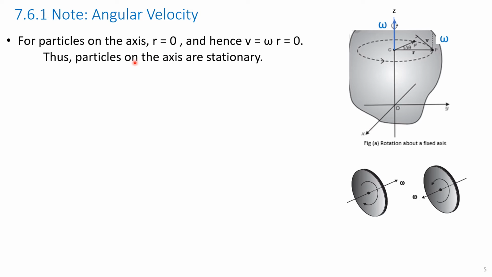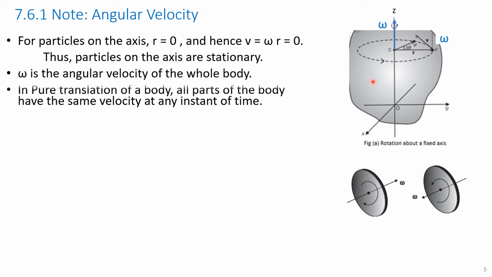Thus, the particle on the axis is stationary. Omega is the angular velocity of the whole body. This omega is the angular velocity which is perpendicular to the plane of the circular motion and is the velocity of the whole body.